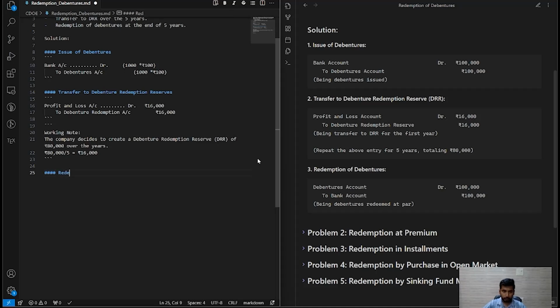After that, we'll talk about the redemption of the debentures. The entry will be debentures account debit to bank. Amount will be 1000 into 100.